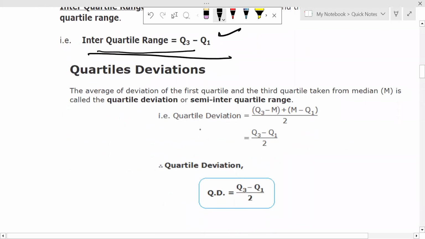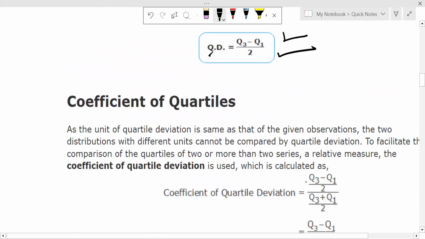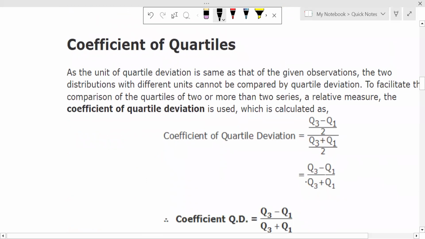The average deviation of the first quartile and the third quartile from the median is called the quartile deviation or semi-interquartile range. I already mentioned that quartile deviation is Q3 minus Q1 by 2, that is the average. What is the coefficient of quartile deviation?